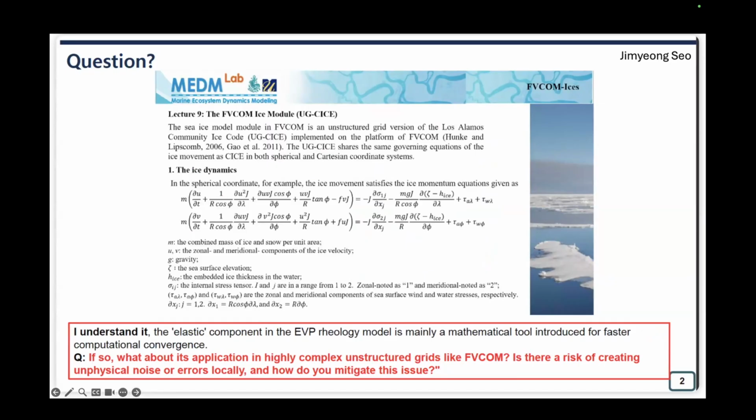This method is not only about ice; it also covers plastic, elastic, and other characteristics. I understand that this method is also used to calculate stresses. But I wonder, if it is used in FVCOM, since FVCOM uses unstructured grids, whether this method can cause another critical problem or not.